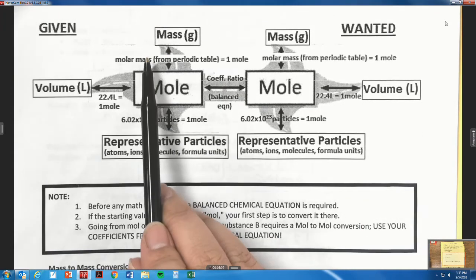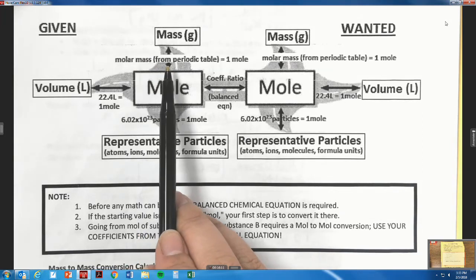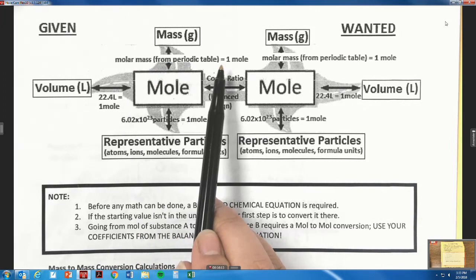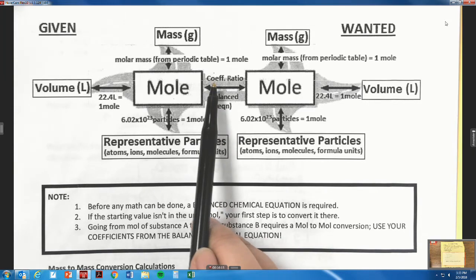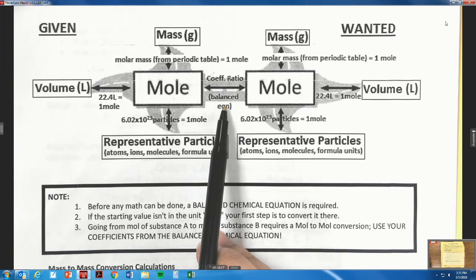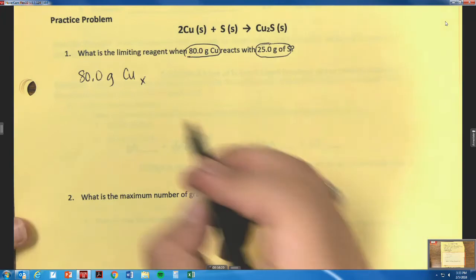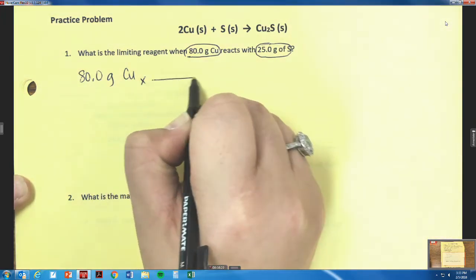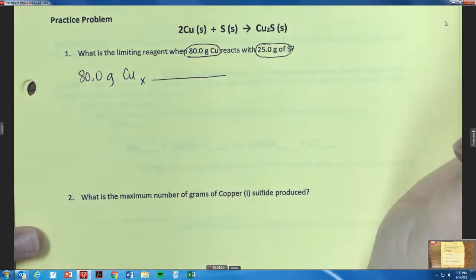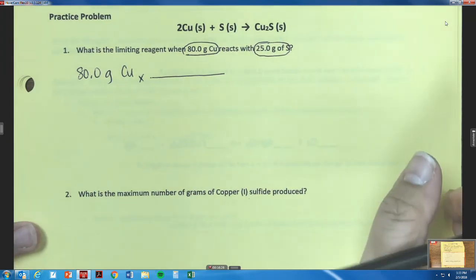My first conversion factor is going to be our molar mass from the periodic table, which equals 1 mole, and then our coefficient ratio from our balanced chemical equation.